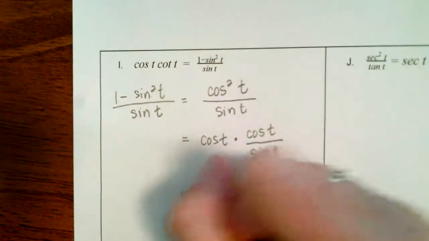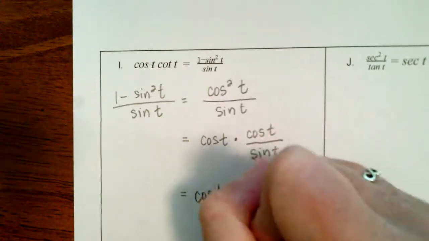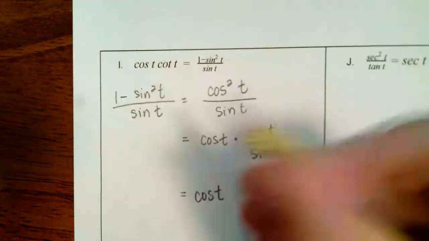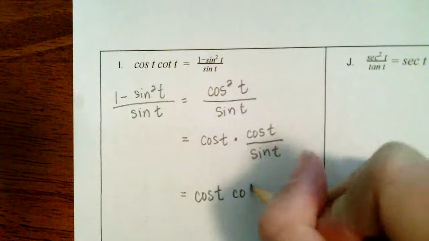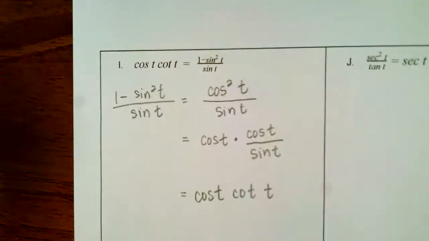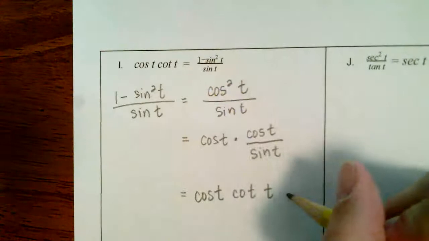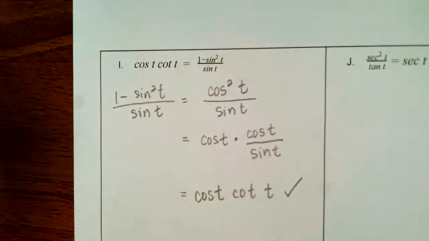So my cosine t is staying the same, and then by definition, cosine over sine is equal to the cotangent of t. Okay, so again, exactly what I want on my other side. So my identity is proven.